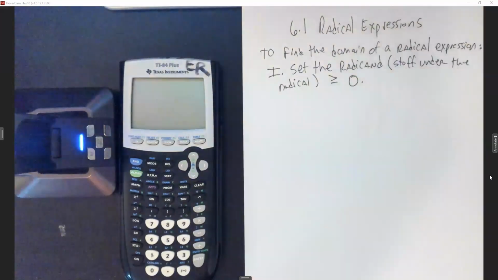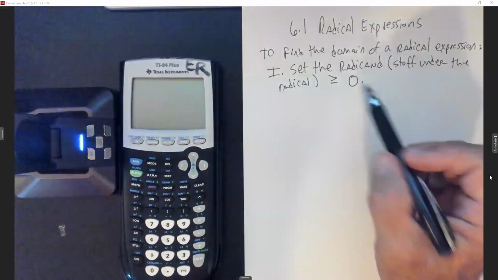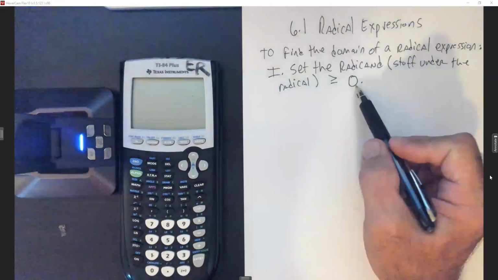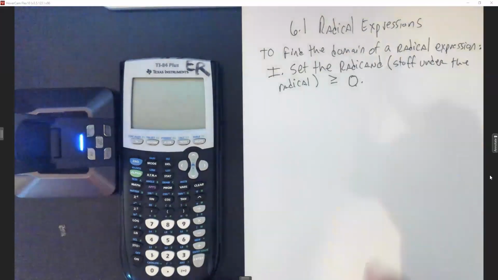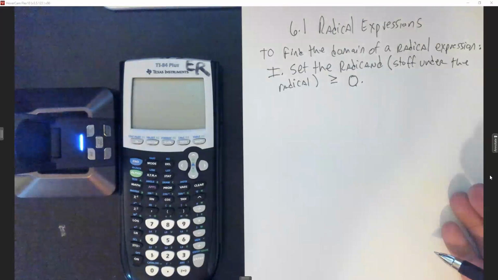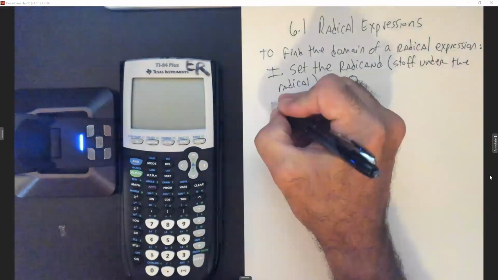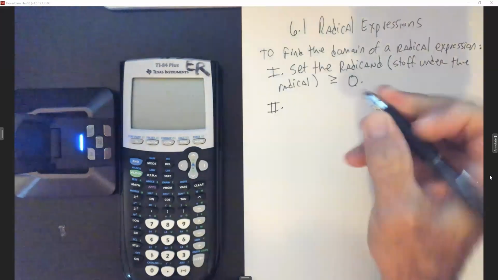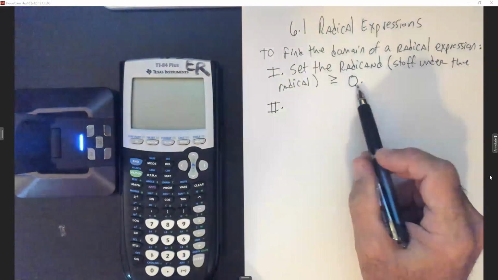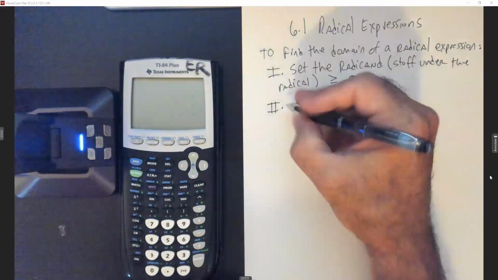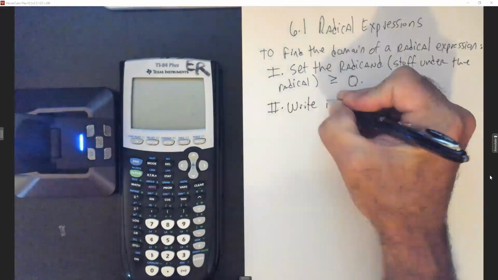Especially y'all that just came out of foundations, I think y'all messed with radicals in there. We have to keep it positive or 0 under the radical, because if we get negative numbers and you try to take square roots, that's where those imaginary numbers came from, okay? So I'm going to set that radicand greater than or equal to 0, and then write it in interval notation.